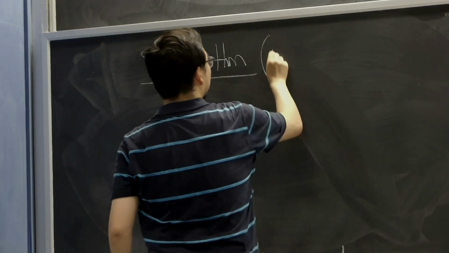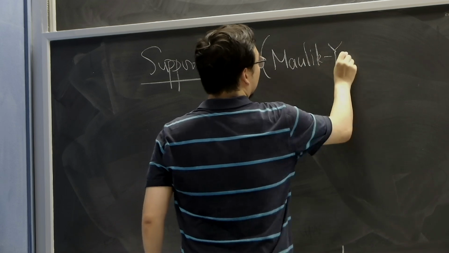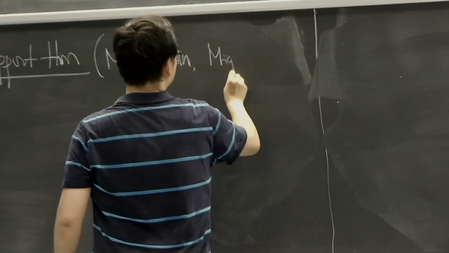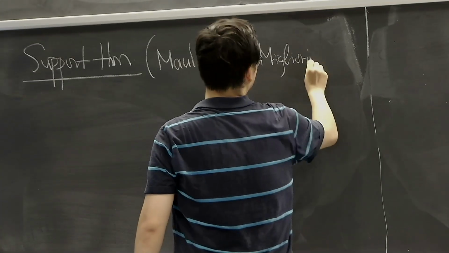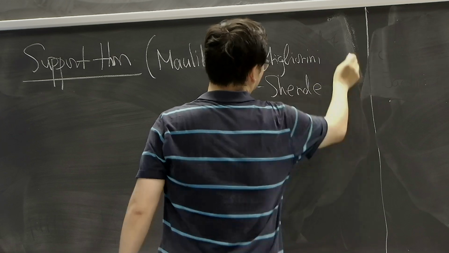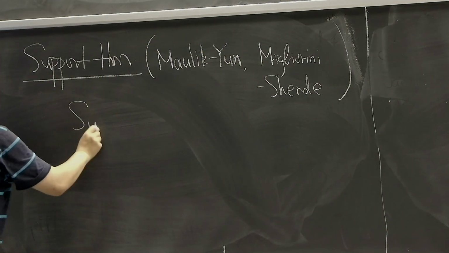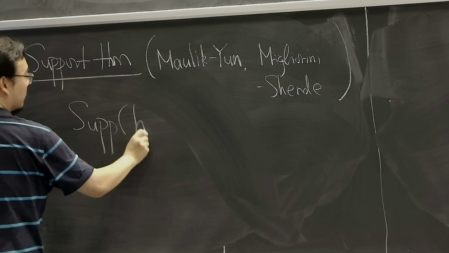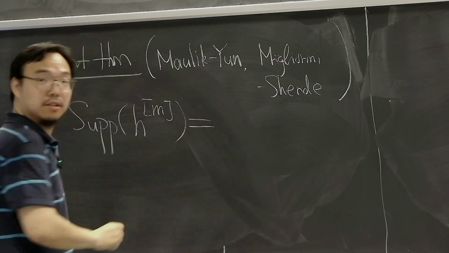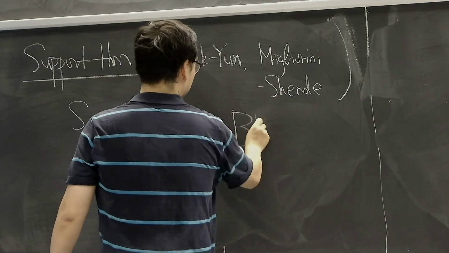This is due to Maulik, Junliang, and also Shen, using different approaches. So the statement is very simple: the support of this Hn. You can guess what it is? Everything.